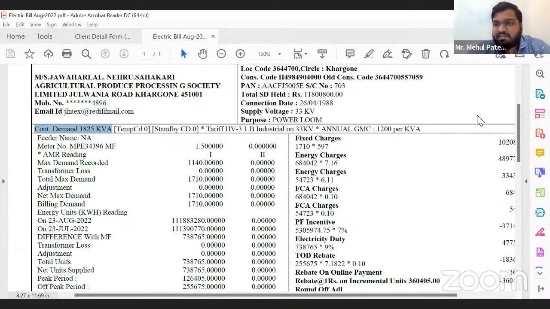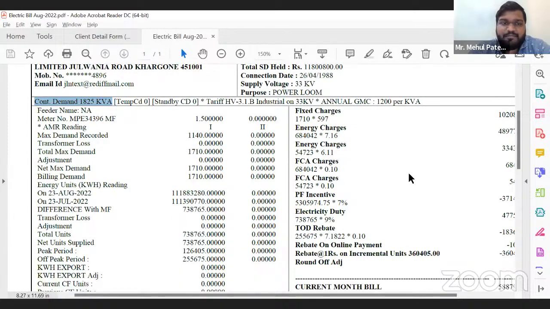If it is a 1000 kVA contract demand, I can install up to 900 kilowatt of solar power plant for that bill. Similarly, for Madhya Pradesh, it was earlier 50% of the contract demand. So you can install up to 50% of the contract demand. That is basically the policy of the state.